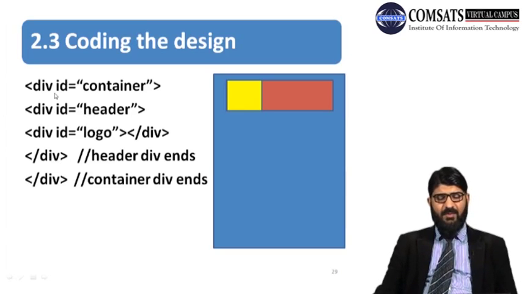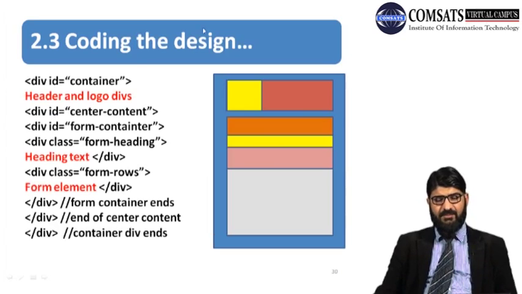So now moving ahead, we are coding the design and we are mentioning some more divs over here. Header and logo divs are now centered content. So div ID first is centered content, the second div ID is form container, and the third div class is form heading.